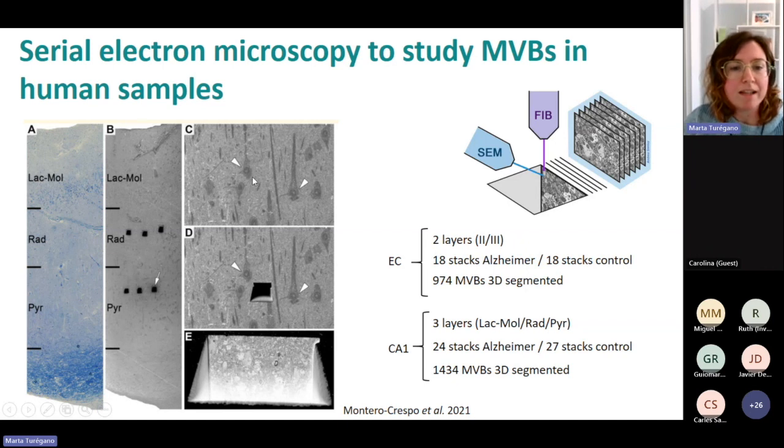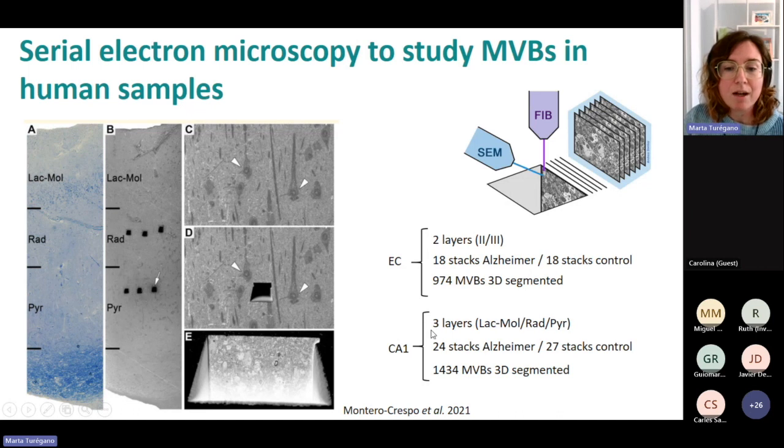We avoid the soma of the cells because we study the neuropil where most synapses are located. As you can see here, we made trenches, and here you can see the front edge of the trench. We studied in the entorhinal cortex 2 layers, layers 2 and 3, 18 stacks of Alzheimer's samples and 18 of control samples, and 974 MVBs were segmented.